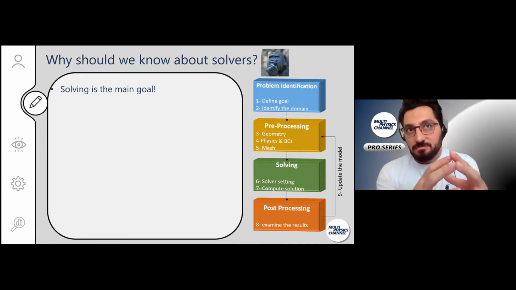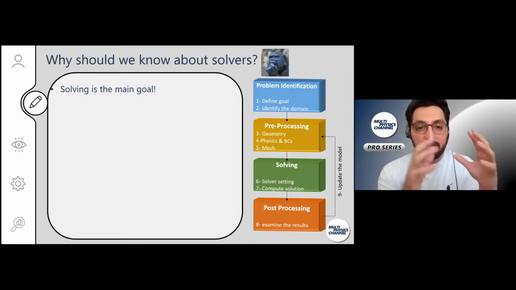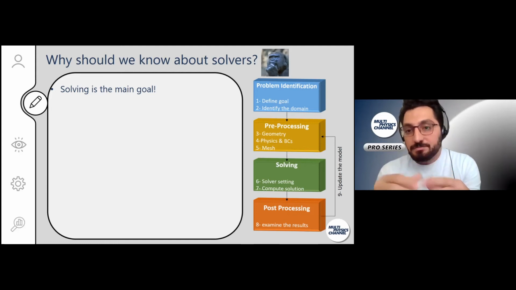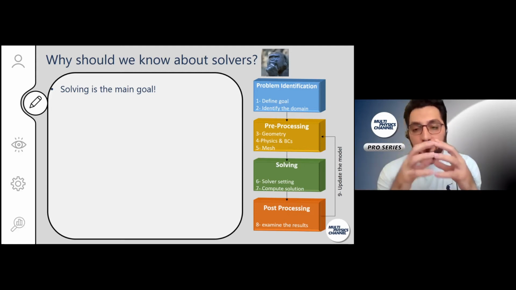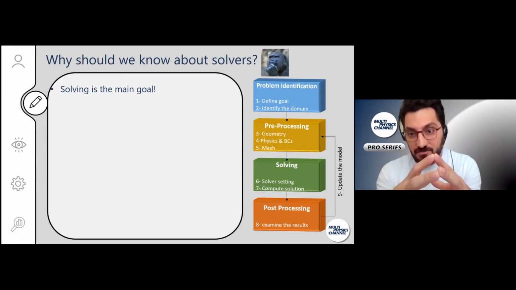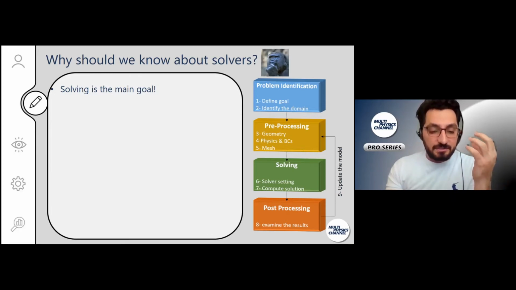We identify a physical problem, and then we model that problem in such a way that we can apply our physical or conservation equations and solve the conservation equation for that problem. So whatever we do in the pre-processing is to make the model in such a way that we can solve it. So that's the main goal of simulation studies, solving the conservation equations for physical problems.